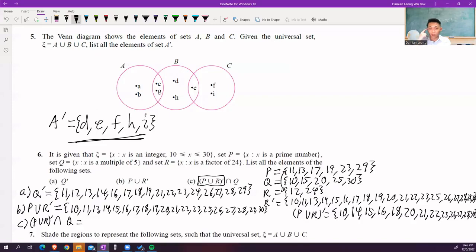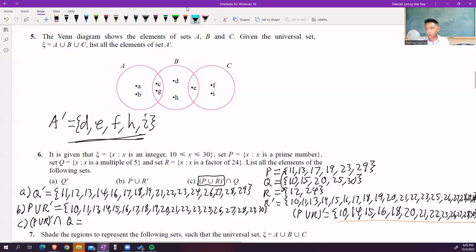Then intersect Q. So out of all this inside your P union R complement, we see which one is also inside set Q.